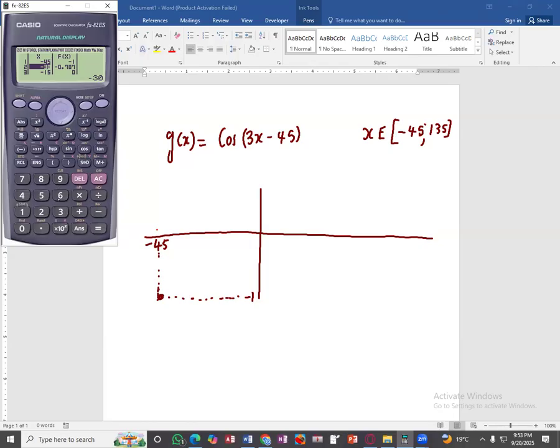Some information you actually don't need. But the more information you provide on your graph, the better. So here, I'm going to put everything that I see on my calculator. I'm going to say minus 30 and minus 0.707. Maybe somewhere here.